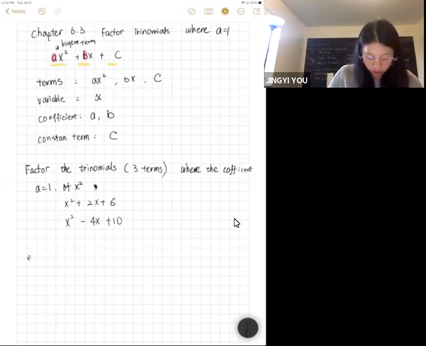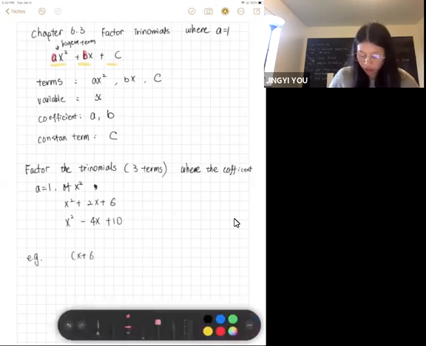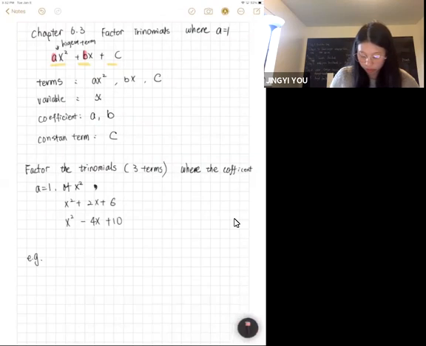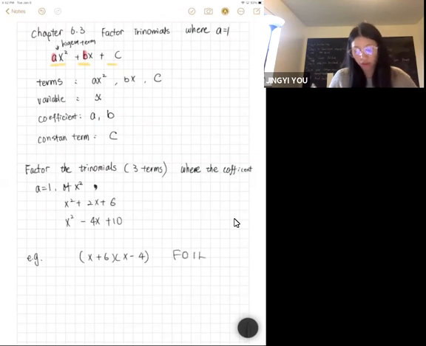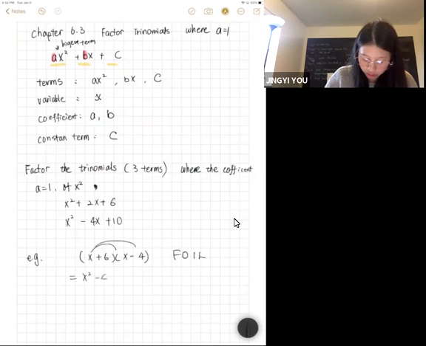So before we start, remember we learned FOIL. If I have this expression, x plus 6 times x minus 4, I want you to FOIL it, which is first, outer, inner, and last. When I FOIL it, I have x times x, x squared, minus 4x, and then plus 6x, 6 times negative 4 is negative 24.